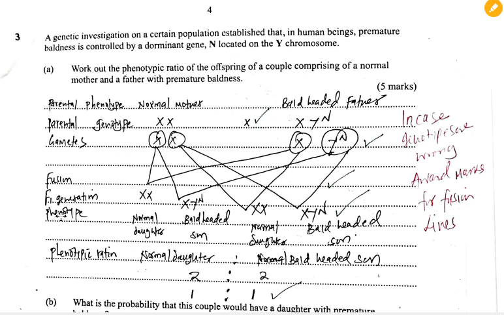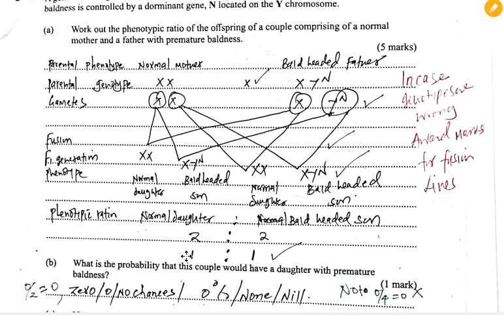The F1 generation phenotypes will be a normal daughter, a bald-headed son, a normal daughter, a bald-headed son. Phenotypic ratio, because we've been asked about the phenotypic ratio of the offspring: normal daughters will be 2, and bald-headed sons will be 2. You simplify, it becomes a ratio of 1:1. That is the phenotypic ratio.